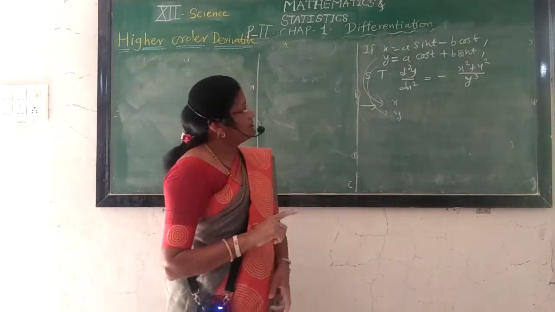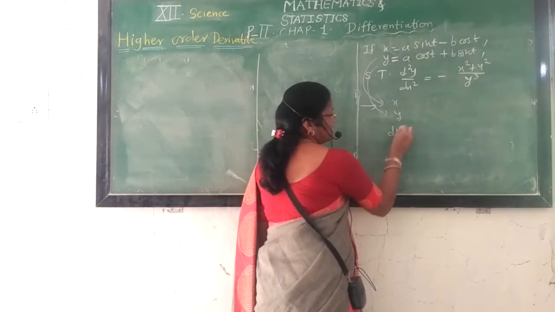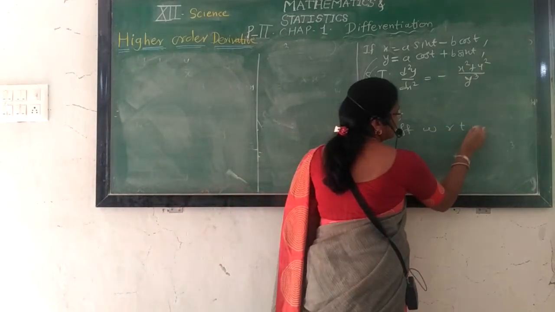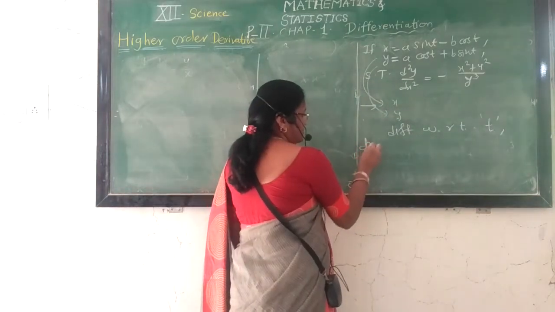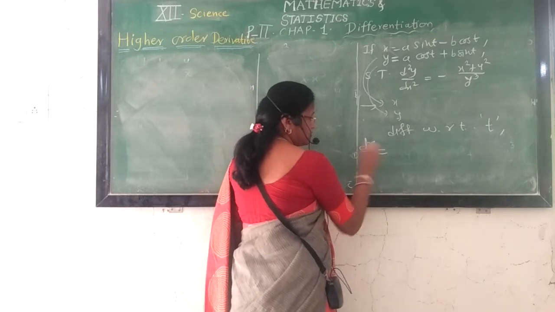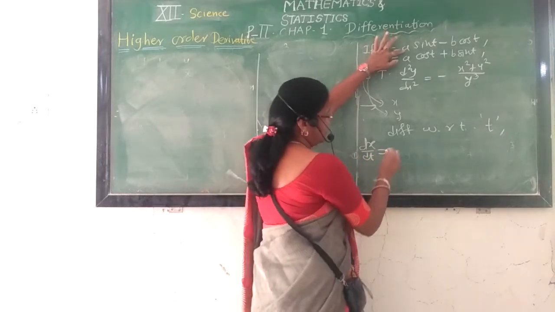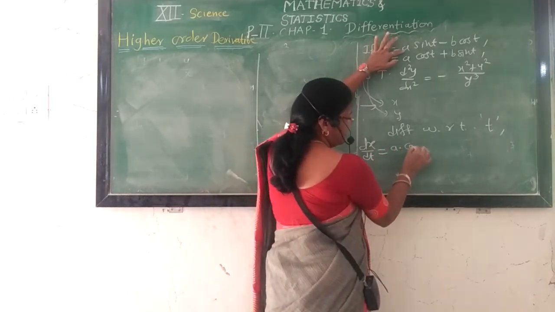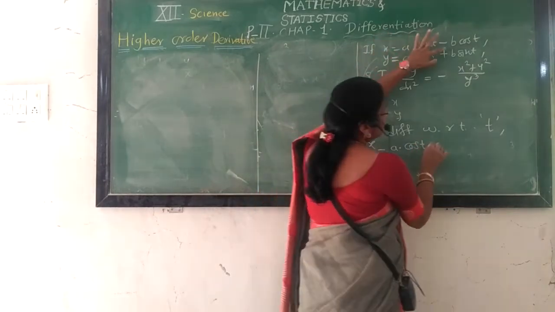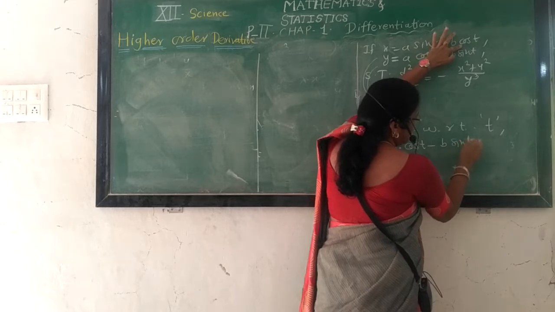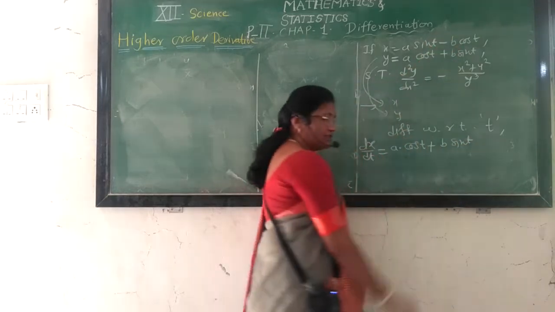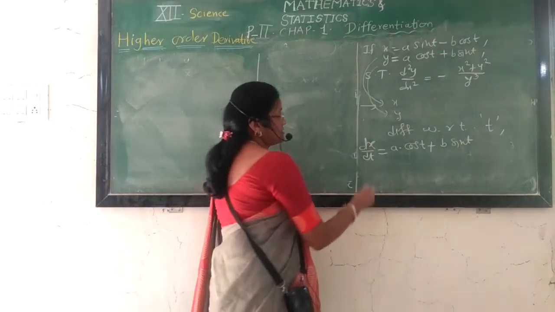Now x and y are functions of t, so we differentiate both with respect to t. We directly find the derivative of x with respect to t. Here a is constant, derivative of sin t is cos t, again b is constant and derivative of cos t is minus sin t, this minus and this minus becomes plus.